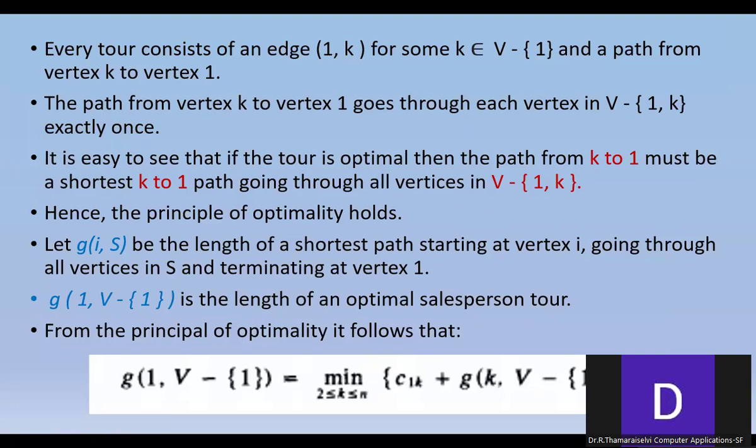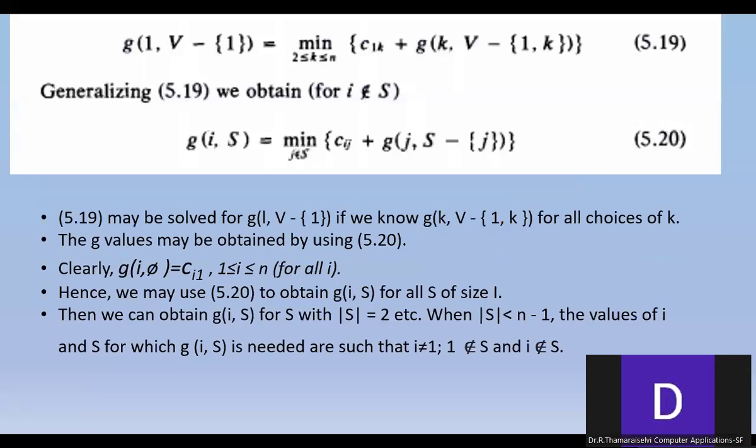When you do the problem, you will understand that you have to start from vertex 1 or city 1, then find the remaining cost for the tour. So this is the formula. Generalizing, we get g(i, S) is equal to the minimum over j belonging to S of Cij plus g(j, S minus {j}). When we do the problem, we will understand.